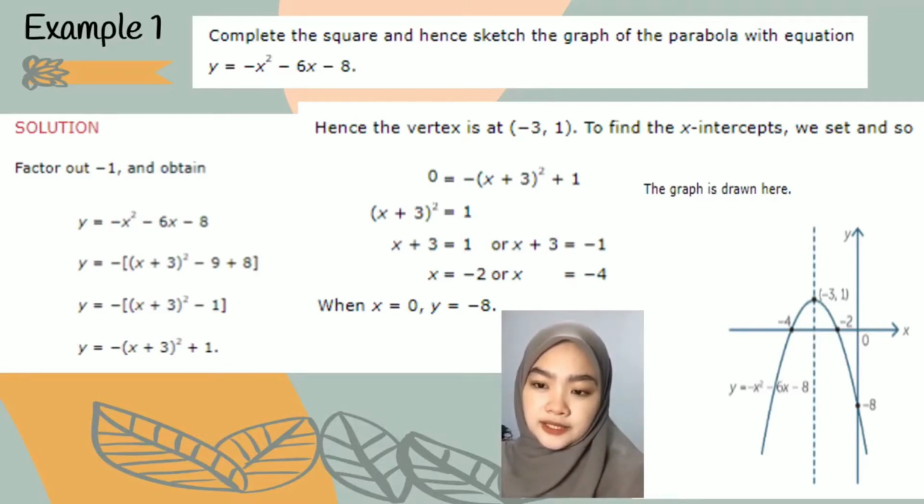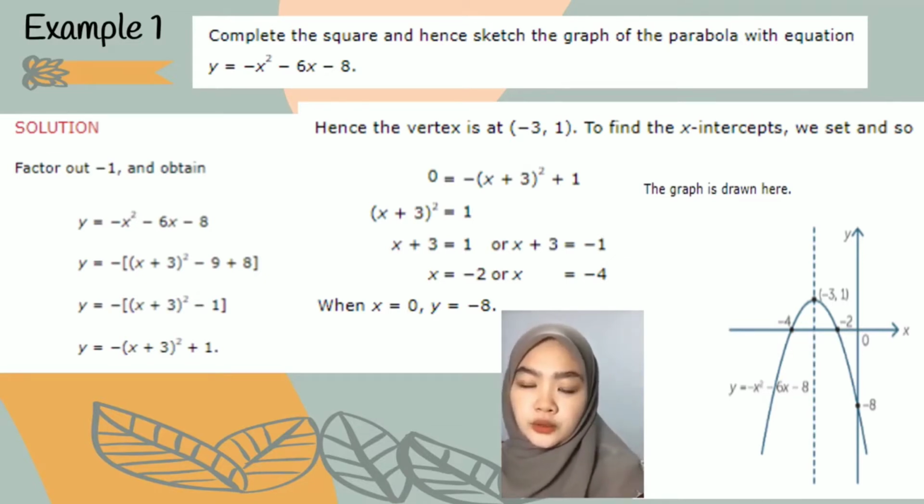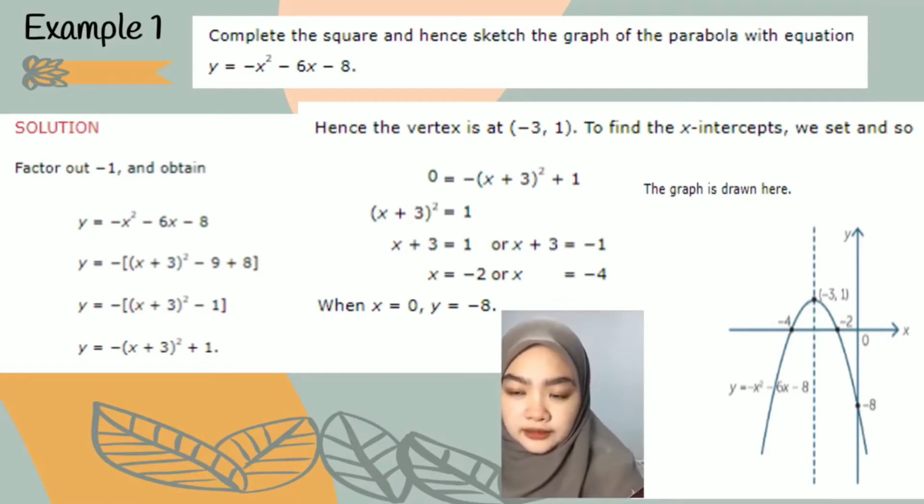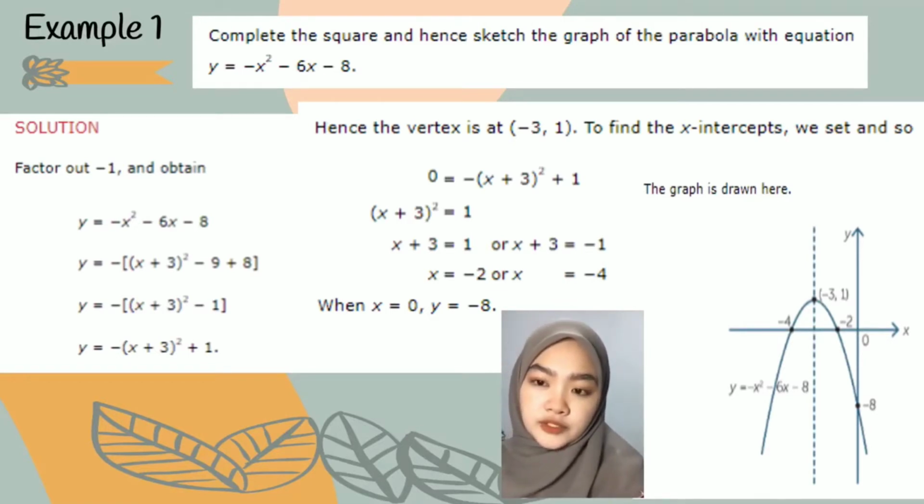Hence the vertex is at (negative 3, 1). For the x-intercept, we set y equals 0, so we get 0 equals negative (x plus 3) squared plus 1, and we get x equals negative 2 or x equals negative 4. When x equals 0, y equals negative 8, and the graph is drawn here.